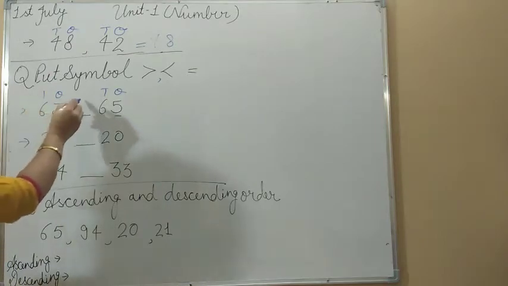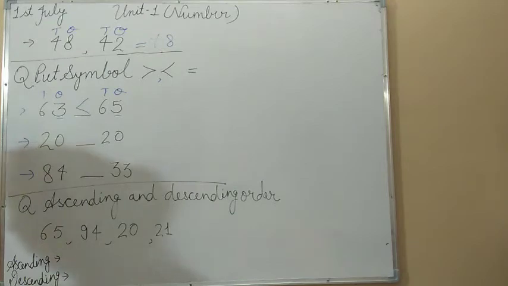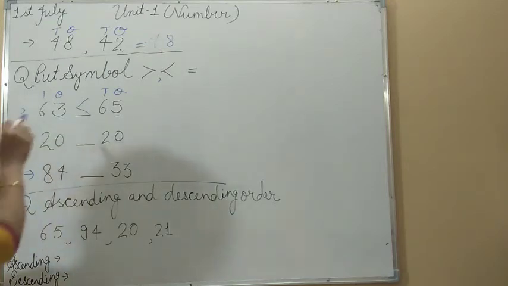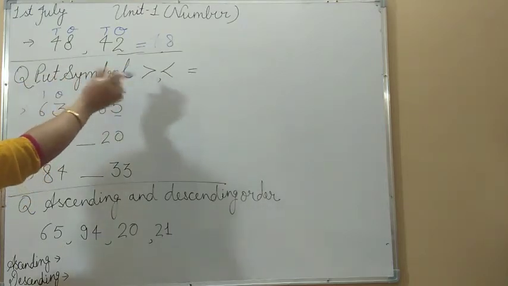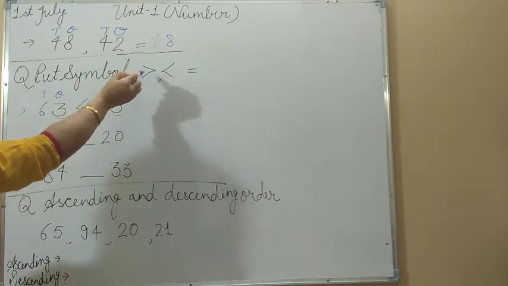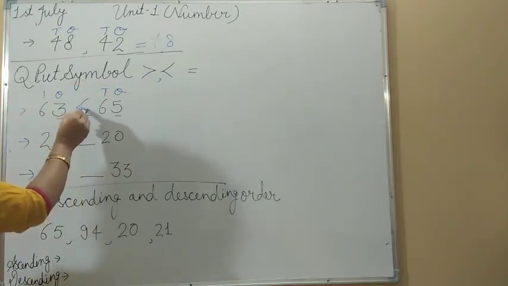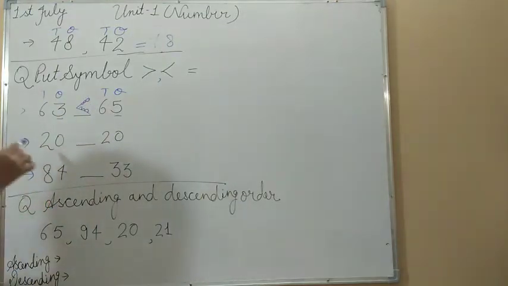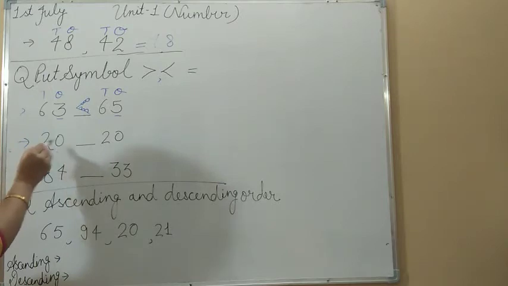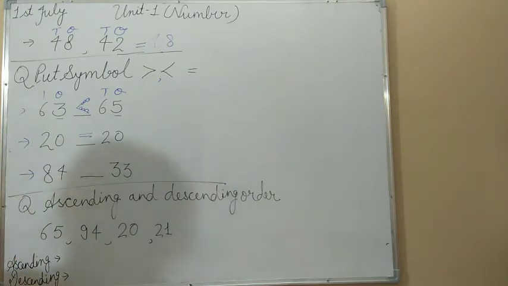So we will put this mark in front of 65, because the crocodile's mouth always opens towards the bigger number. You have to imagine the crocodile's mouth. It always opens towards the bigger number. Now tens place number 2, here 2, ones place number 0, again 0. So both sides are equal to each other.